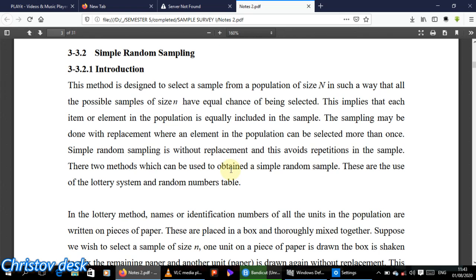So we said that this method is designed to select a sample from a population of size n in such a way that all the possible samples of size n have equal chances of being selected.